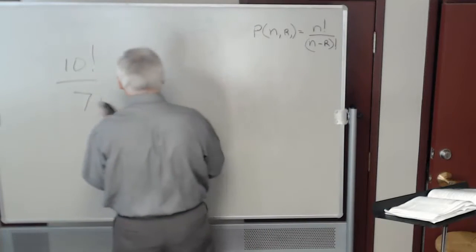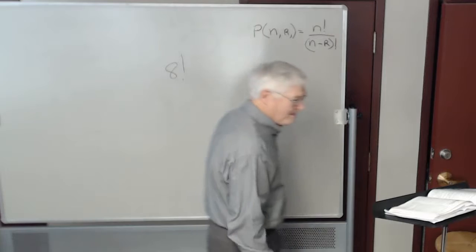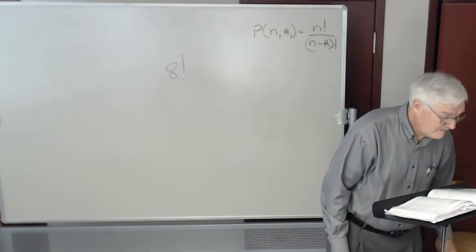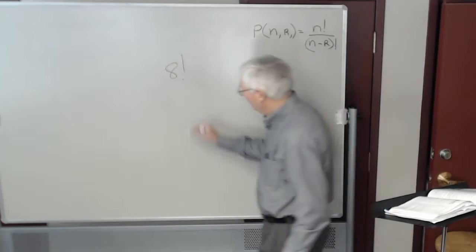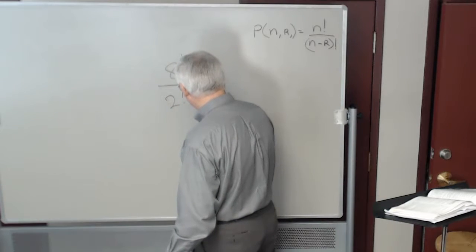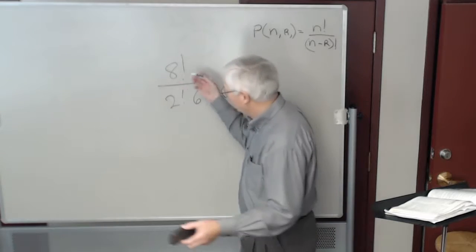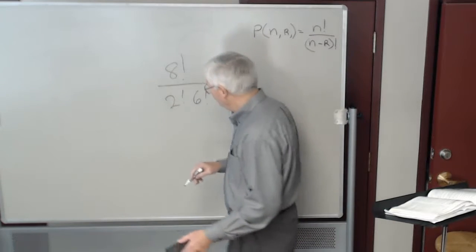Number 12. 8 factorial divided by 2 factorial times 6 factorial. Now, you could take your factorial stuff and just do 8 factorial and get an answer.